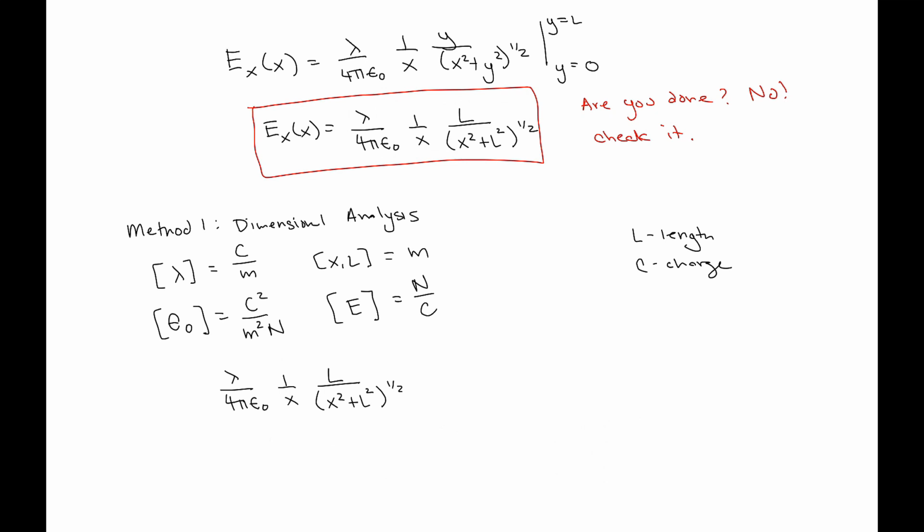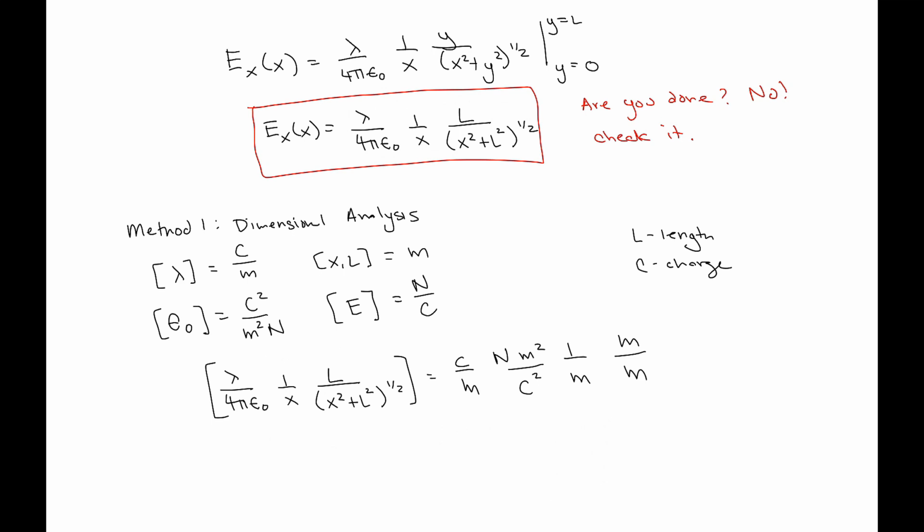Taking it term by term, the first thing is going to give me coulombs over meters, and then I'm going to get 1 over the units of epsilon naught. I'm going to get 1 over x, which is 1 over meters. And then I'm going to get meters over meters again.